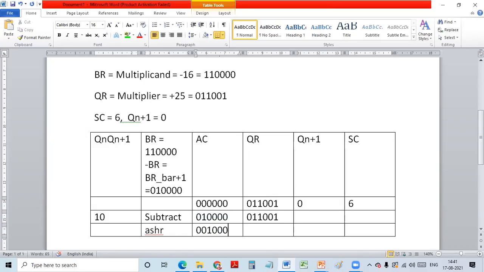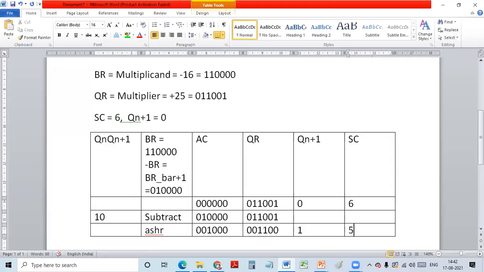And this 0 will be placed in the QR register, 0, 0, 1, 1, 0, 0. And now the least significant bit is shifted out and placed in Qn plus 1. So one operation is over. The sequence counter is decreased by 1. So I'll be getting 5. So with this, we have completed one cycle, the first cycle, right?